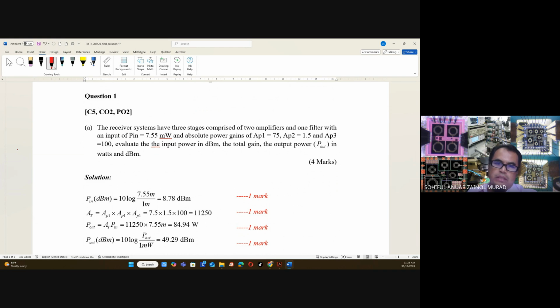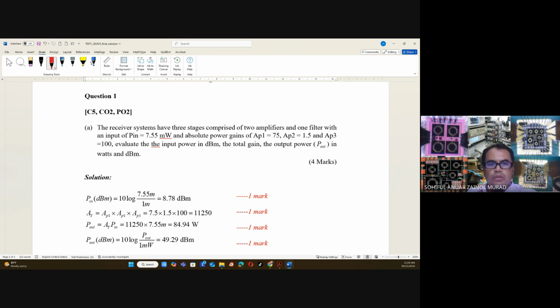When implemented into the system, there is some leakage or gain coming from the internal circuit itself. So they have some gain for the filter, which in a single filter there should be no gain, right?